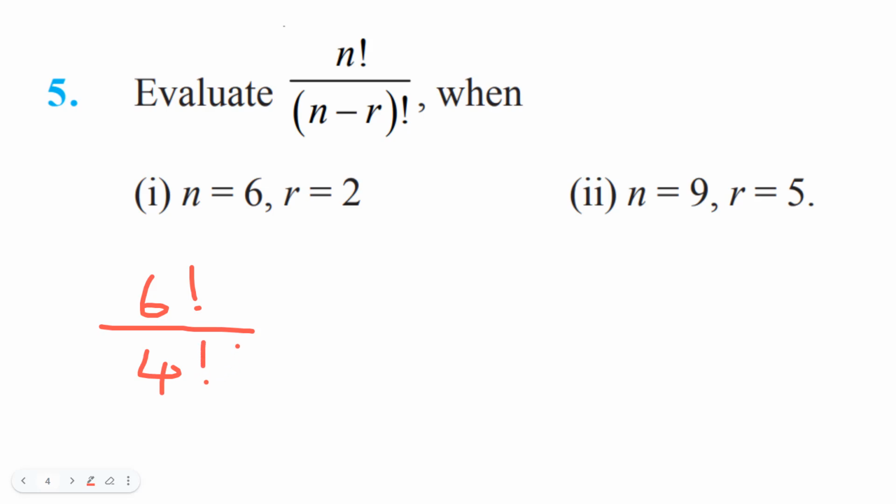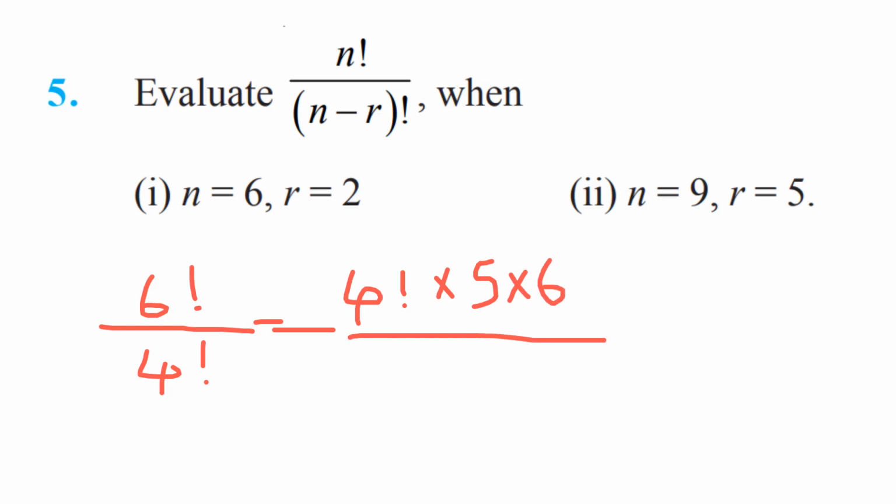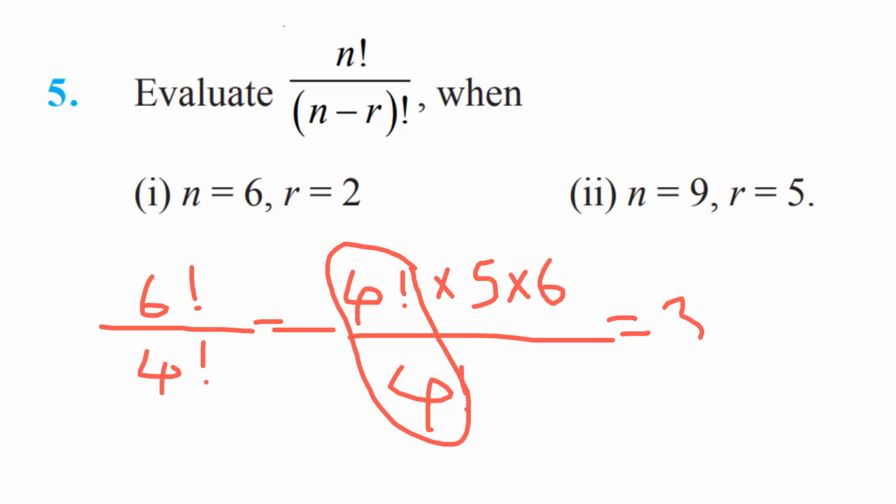This is the question. This is like 4 factorial multiply 5 multiply 6 divided by 4 factorial. The 4 factorial will disappear, and 5 multiply 6 equal to 30. So the answer to the first question is 30.